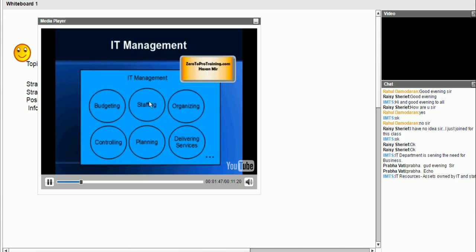So these are just examples, not a complete list of functions that are going on within the domain of IT management: budgeting, staffing, organizing, controlling, planning, delivering services, and so on.